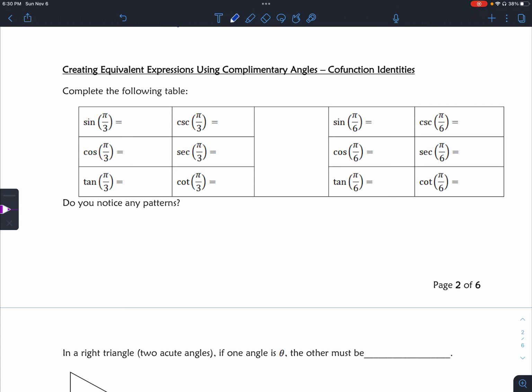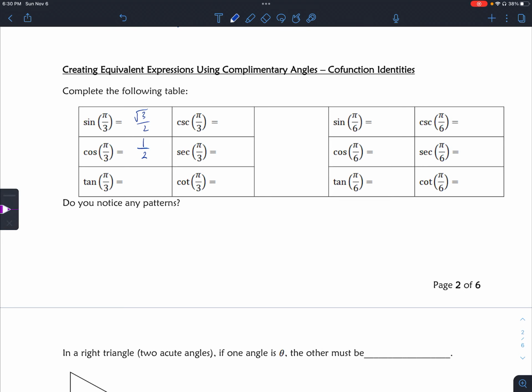So sine of 60 degrees, remember this is a special angle. Recall that this is root 3 over 2. Cosine of 60, or cosine of pi over 3, that's going to be 1 over 2. Again, this is coming from one of the special triangles.